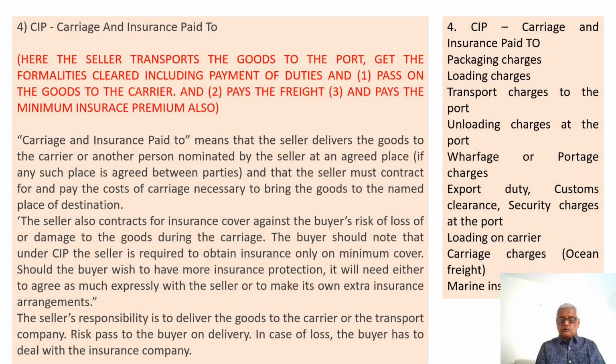The buyer should note that under CIP, the seller is required to obtain insurance only on minimum cover. Should the buyer wish to have more insurance protection, it will need either to agree as much expressly with the seller or to make its own extra insurance arrangement.